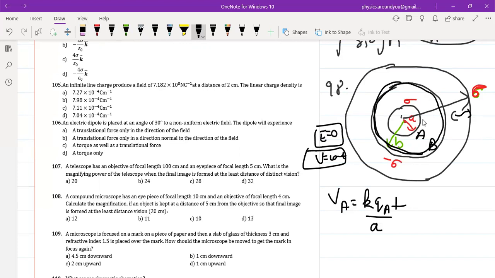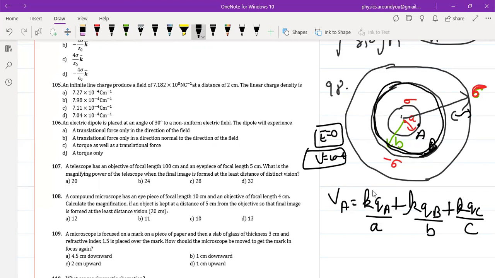So at A due to B, the potential is going to be KQB by B, where B is the radius of it. What about due to C? You got it right, it should be KQC by C. This is the potential at A.